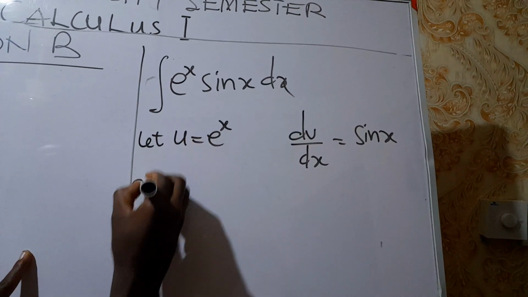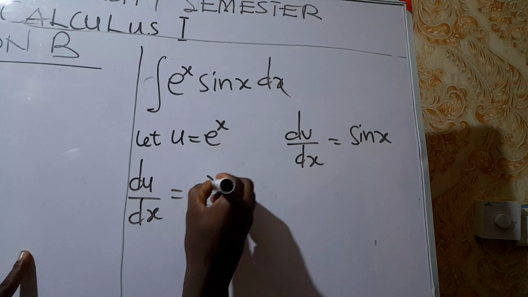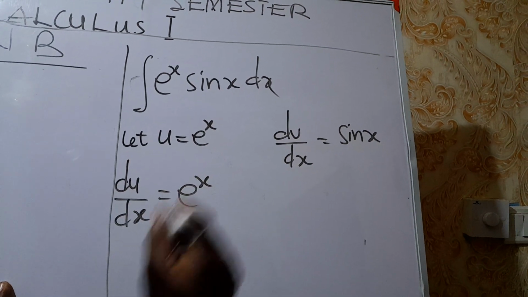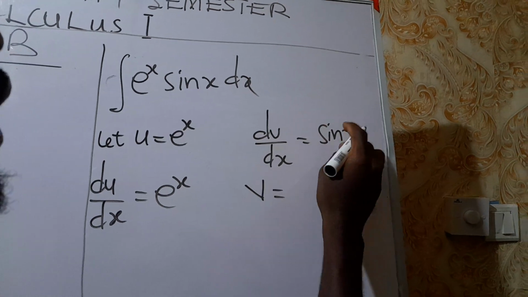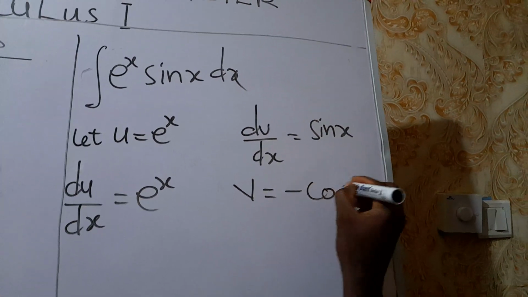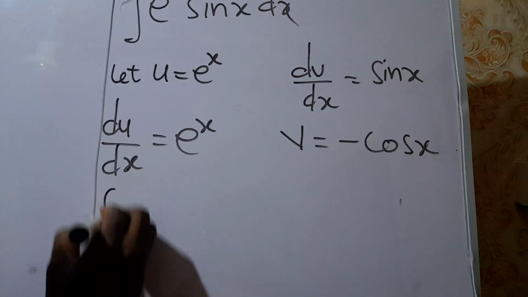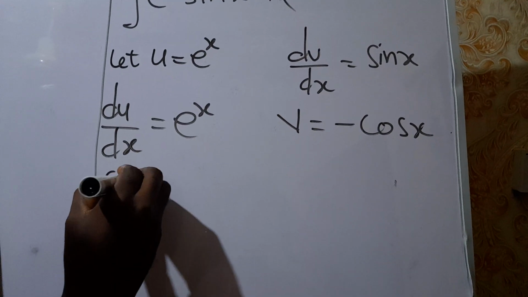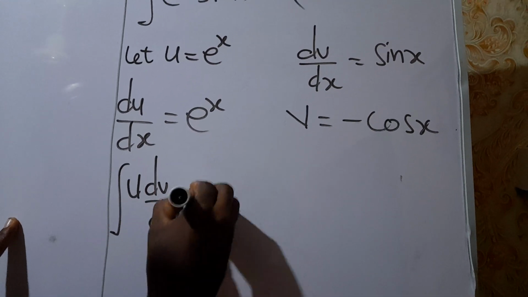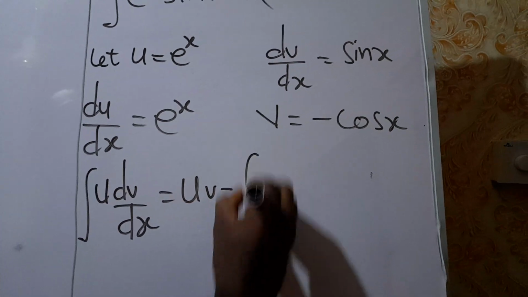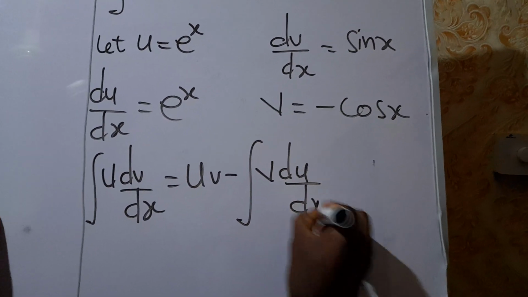Now we differentiate this. Our du over dx will still be e exponent x. Then to find v, we integrate this. So v will be equal to the integral of sin x, which will be negative cos x. Now remember integration by parts, which says that the integral of u dv over dx will be equal to uv minus the integral of v du over dx.